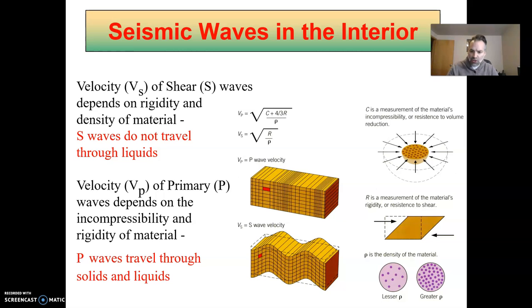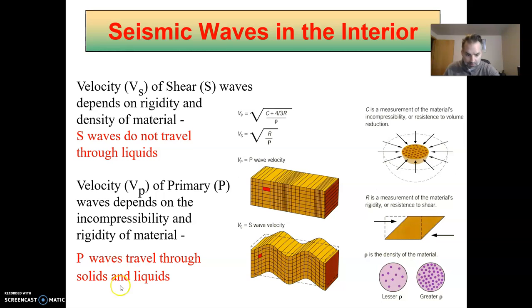It's showing you here that the S waves do not travel through liquids, and that the primary waves travel through both liquids and solids. That's the main thing I want to get at: S waves do not travel through liquids, and P waves travel through both liquids and solids.